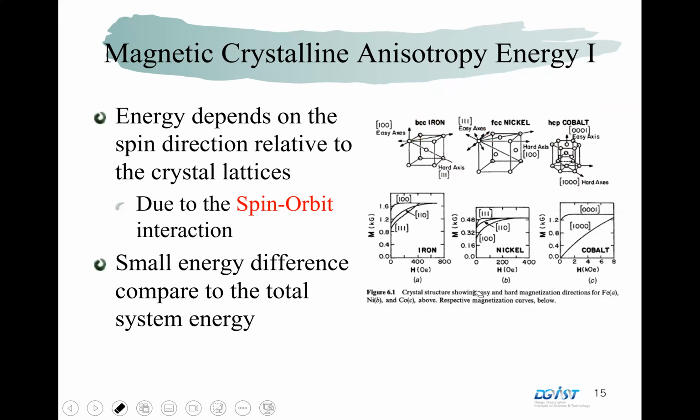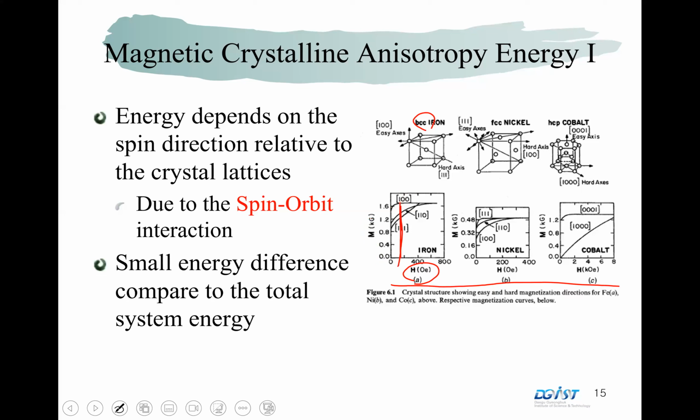experimentally, what you can observe is here, for iron, which is BCC. When we apply the magnetic field, we measure the magnetic moment, and as you see here, each crystal direction shows different behavior. For the 100 direction, they easily saturate with a small magnetic field.